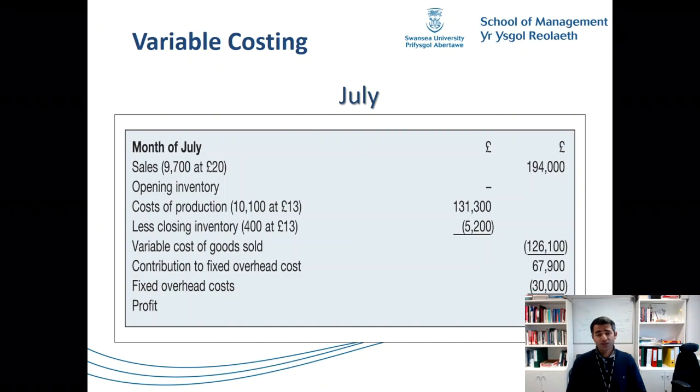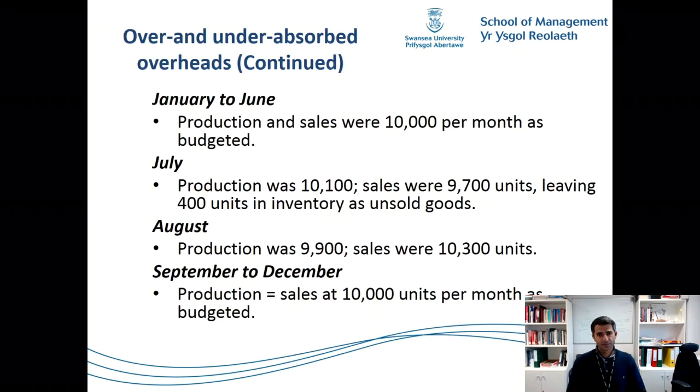Now we've done July. Let's go back to August. August, what happened here? Production was 9,900 units and sales 10,300.